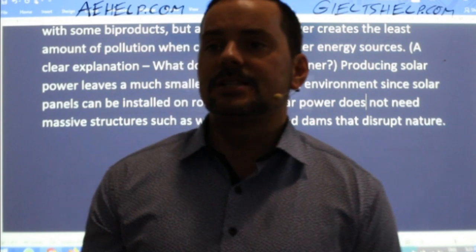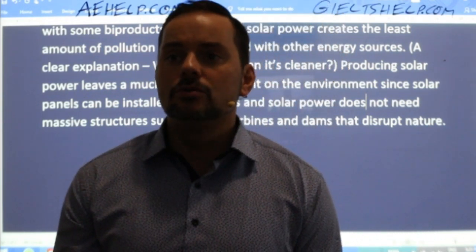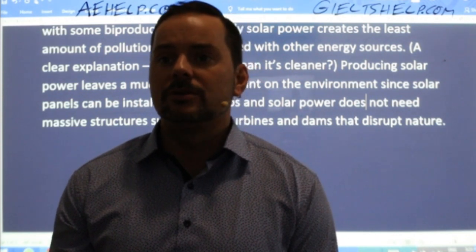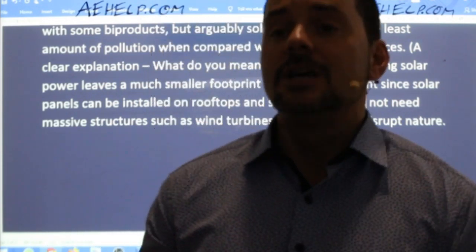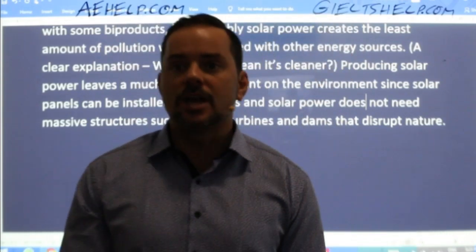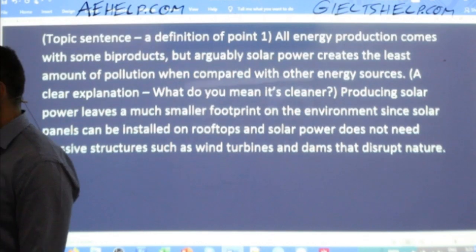Shang Hung says, the reason for solar power being clean is that it uses only sun radiation collected by solar panels to create electricity without building enormous structures such as dams and wind turbines. Very good, Shang Hung. It's a nice explanation. So far, so good, students.